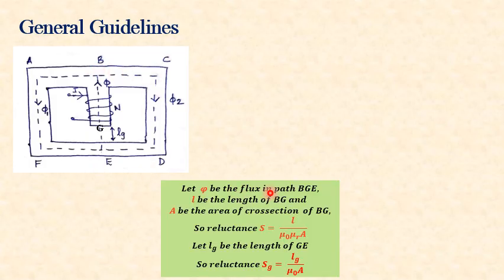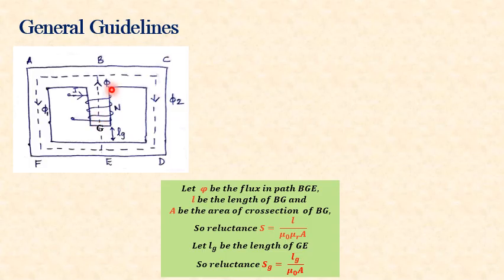So let phi be the flux in path B, G, E, and L be the length of the path BG. Listen here, L is only the length of the core, so the length of the flux path BG, and A is the area of cross section of the core.